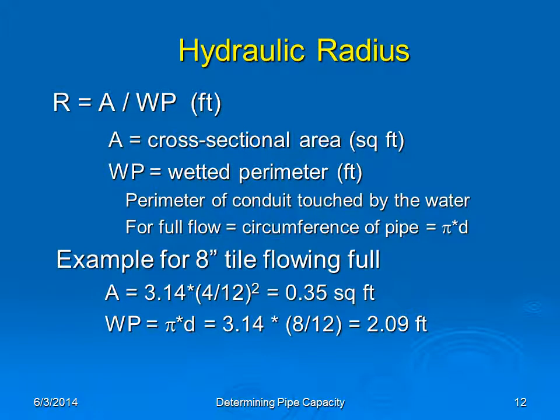The wetted perimeter equals pi times d equals 3.14 times 8 over 12, the diameter given in feet, which equals 2.09 feet. So for the 8-inch tile, our hydraulic radius, R, equals 0.35 divided by 2.09 equals 0.167 feet.